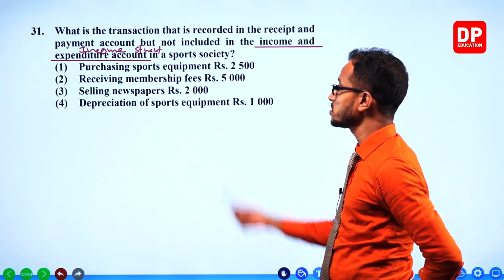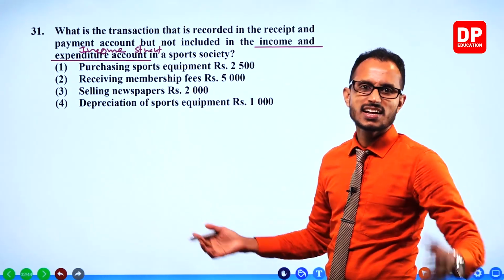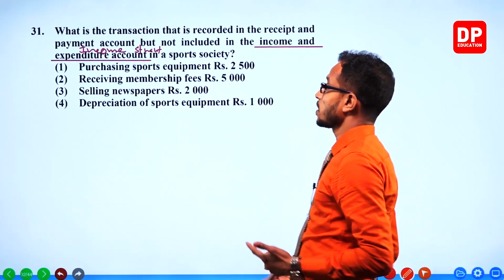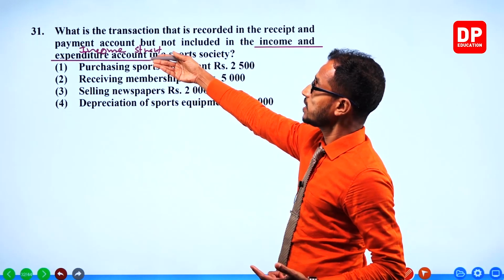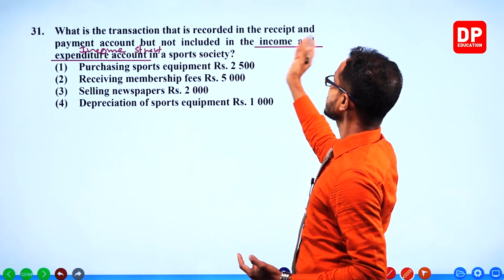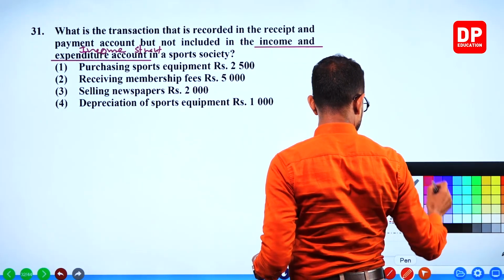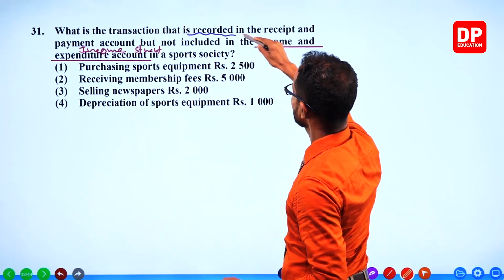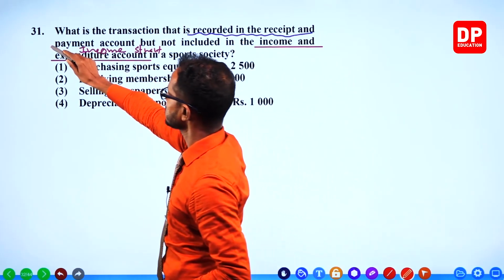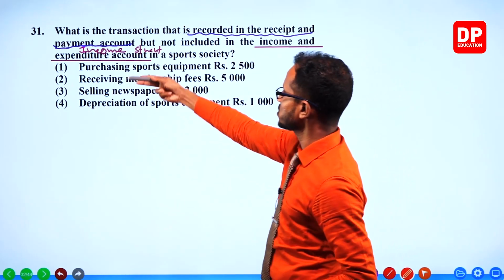Sports society means a sports club, football club, karate club, a cricket club. Not included in the income and expenditure, but recorded in receipts and payments. Must be a payment for a non-current asset purchase. Purchasing sports equipment.